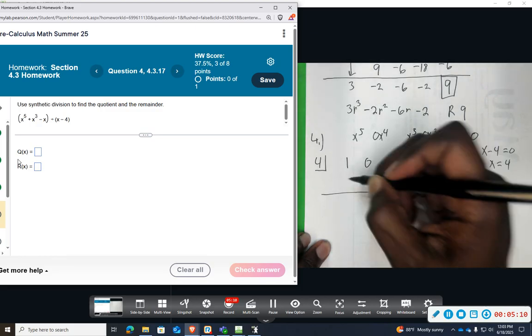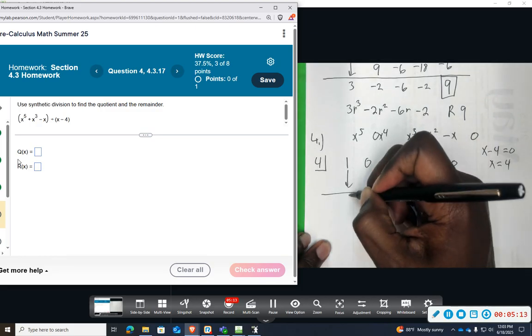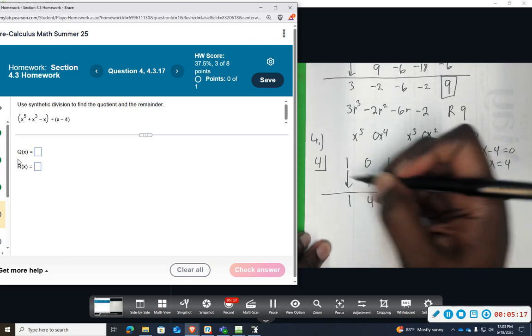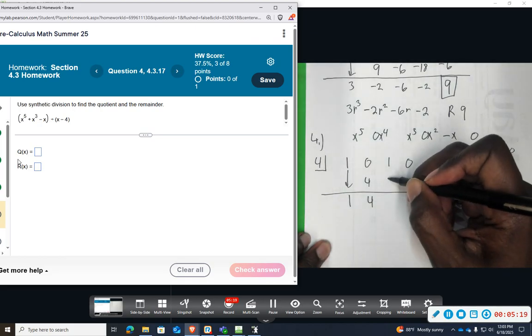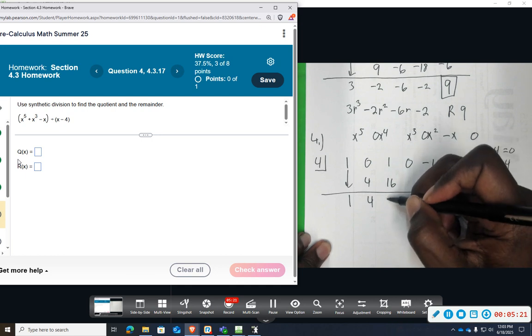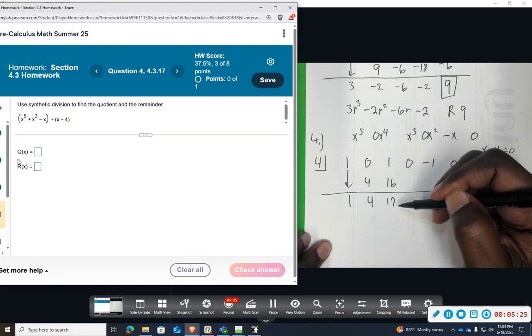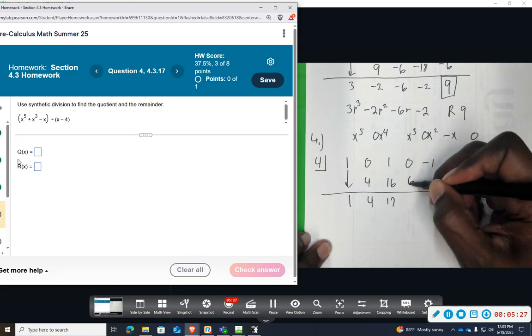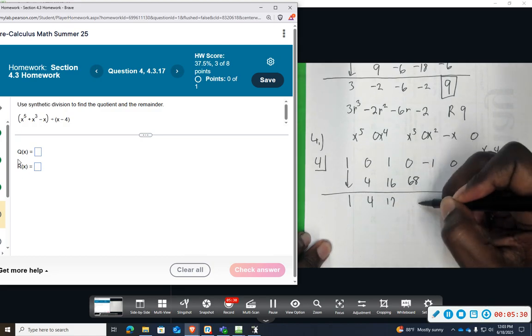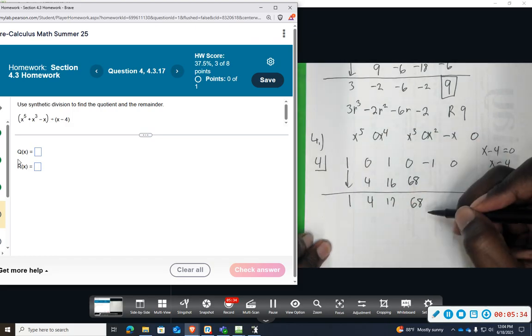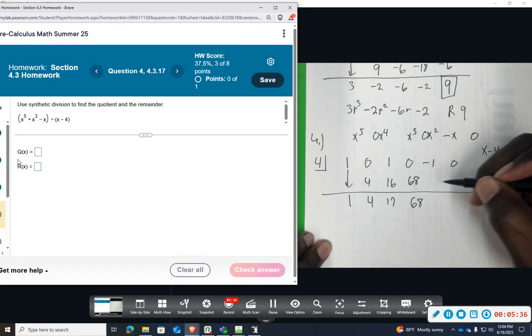Draw a line, bring the first term straight down, multiply by 4, add, we still get 4. Multiply 4 times 4 gives me 16, add 1 gives me 17. 4 times 17 is 68. Add, we get 68. 4 times 68, 272.